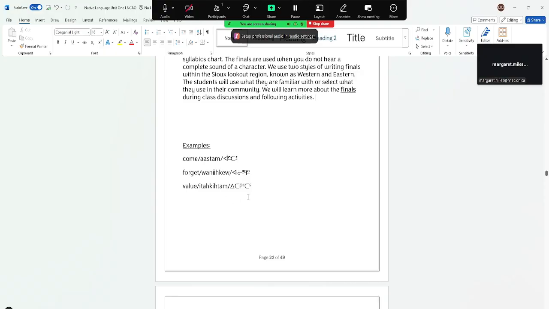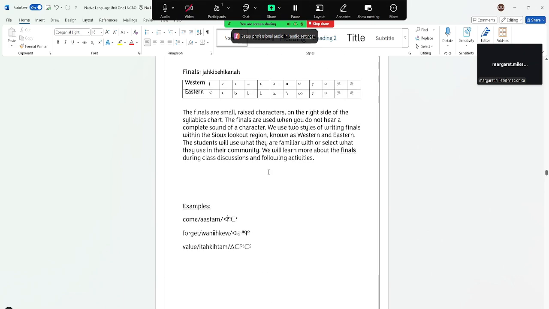The next example, wanihkeo. Again, you could see the long vowel used here, and H. And again at the end, the O underlined is the W sound.